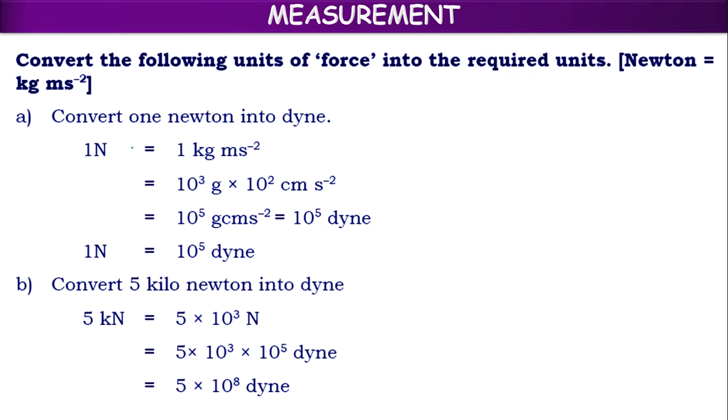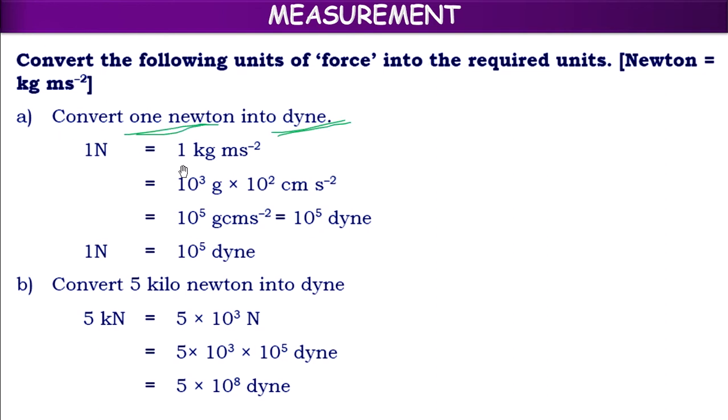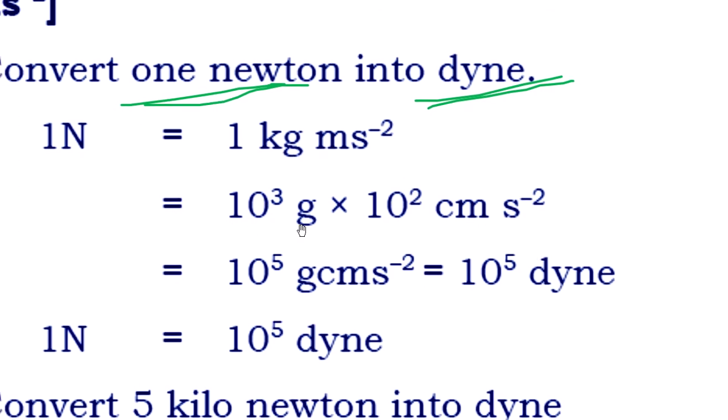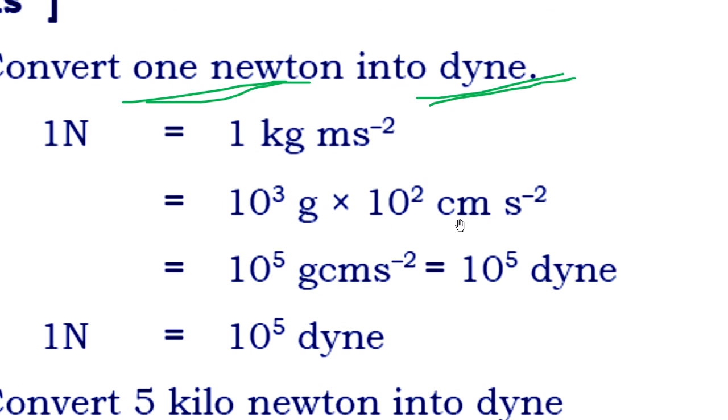Here, children, they are asking us to convert 1 Newton into dyne. 1 Newton equal to 1 kg meter second to the power of minus 2. 1 kg means 10 cube grams, because kilo means 10 cube. 1 meter means 10 square centimeter, because 100 centimeter. In the place of meter, 10 square centimeter.